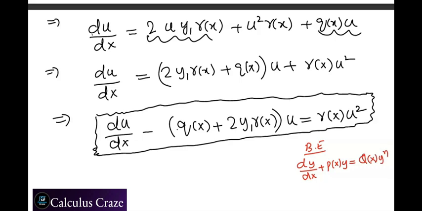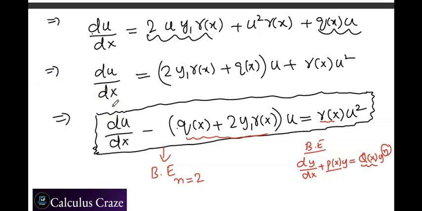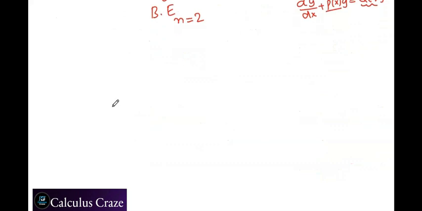So if you keep p of x as this function with a minus sign, and q of x as this r of x, and n equals 2, this is a Bernoulli equation with n equals 2. We already know how to tackle the Bernoulli equation. If you don't know it, you must learn it first.